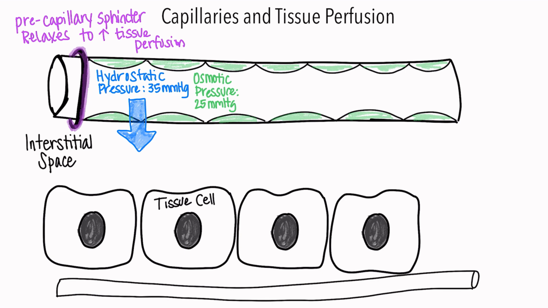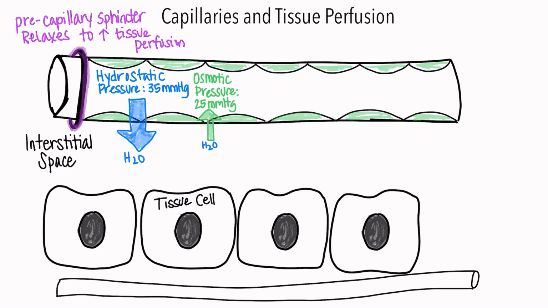So what that does is it creates a pulling effect where, notice I'm drawing this arrow smaller, but there's going to be some pulling of fluid in basically to dilute all of those proteins. So water will be able to enter. So we've got, notice though, more water and along with that nutrients and stuff leaving at the front end. But then you do have a tiny bit of water that's coming in at the front end.